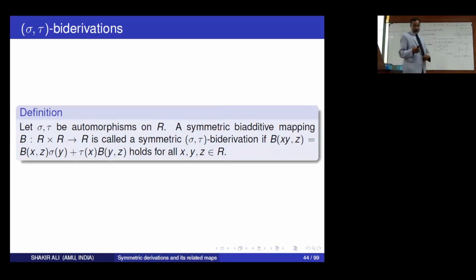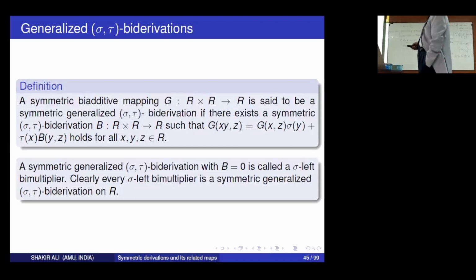Okay, sorry. So this is what we call a symmetric sigma bi-derivation. If this is a derivation, with sigma-derivation in the first argument and tau-derivation in the second argument. Okay, this is the meaning of that. And then we define more: symmetric generalized (sigma, tau) bi-derivation.